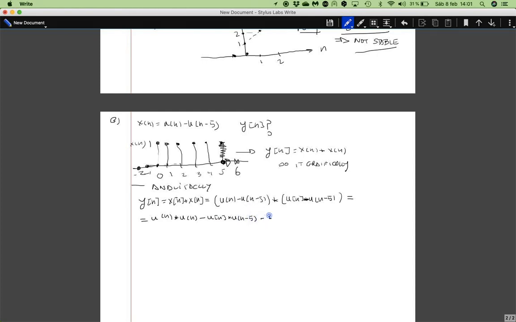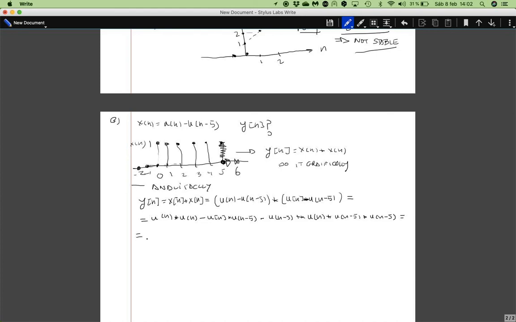We will have u of n minus 5 convolved with u of n, and then we will have u of n minus 5 convolved with u of n minus 5. Okay, so we have just expanded the parentheses.